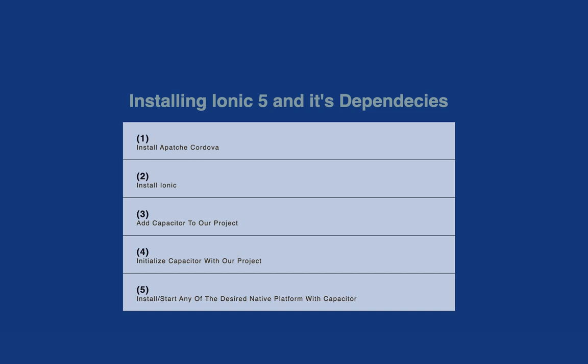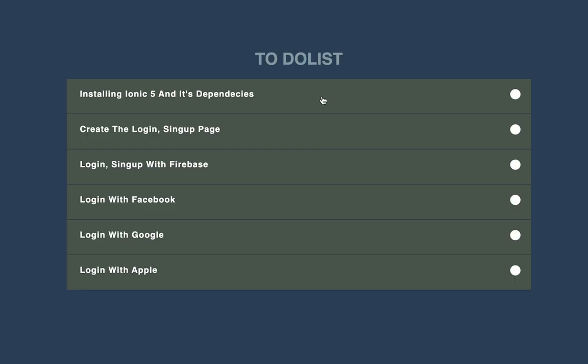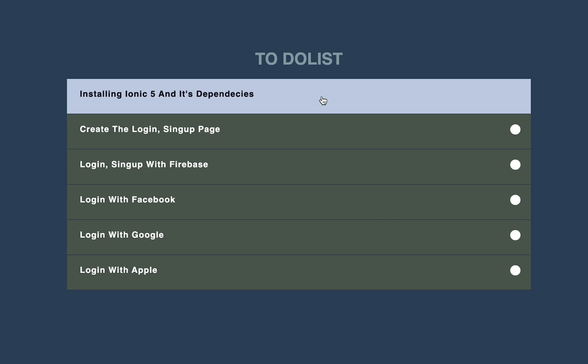So if you have been using Ionic, we use Cordova to create different platforms for our project, but now we have replaced Cordova with Capacitor. So in this video we have set up the environment that we need to start building our application, and in the next video we'll see how we can create the login sign up page, and see how we can add all the functionalities to our application.